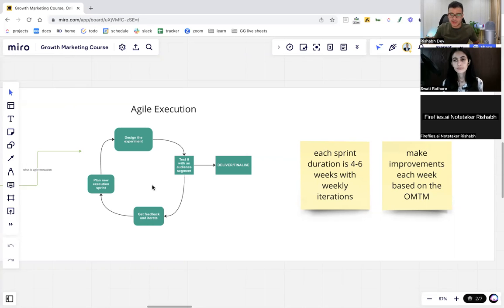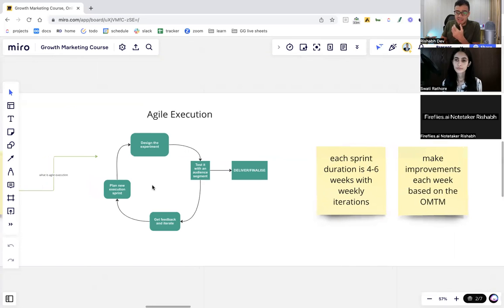Similarly, if you're doing a cold outreach email campaign, you can test different email subject lines every week. But you have to make improvements and iterations based on the data you get from last week, and then change it the next week. You have to do it on a week-on-week basis. And that's the reason why growth marketing is so agile and it gets results pretty fast.